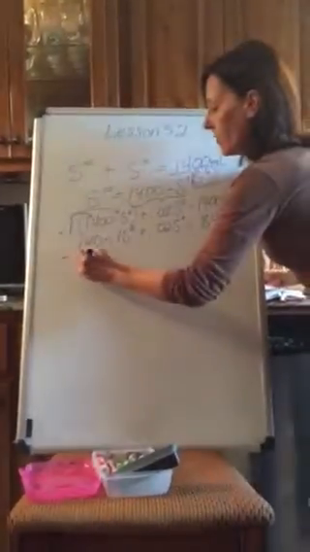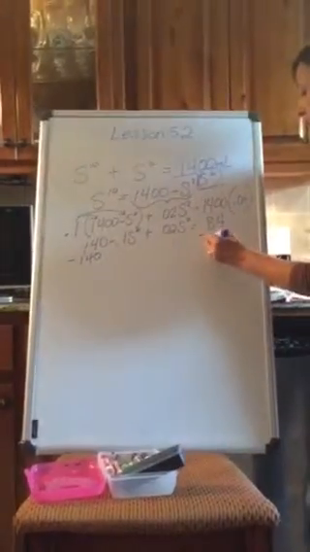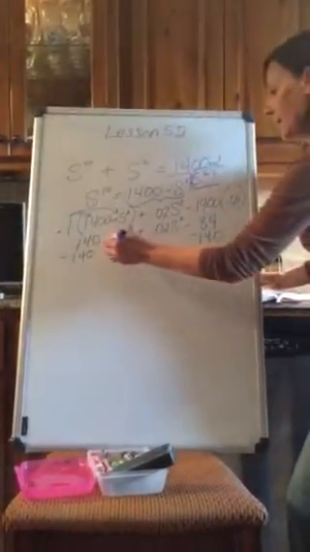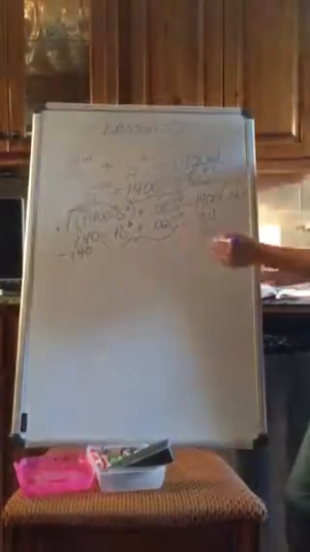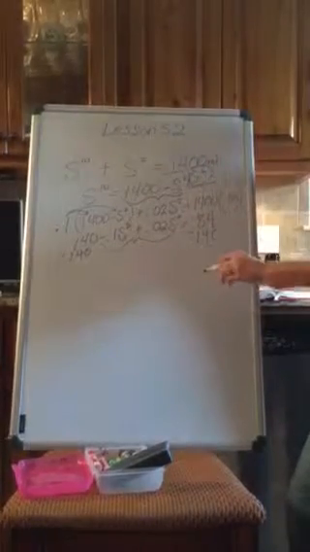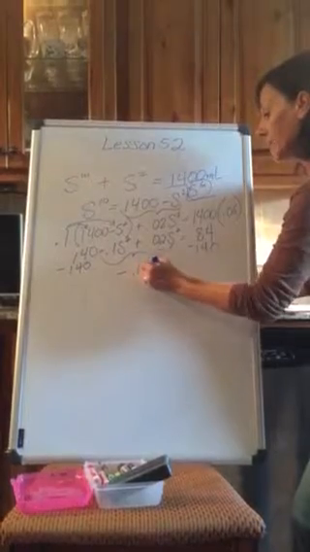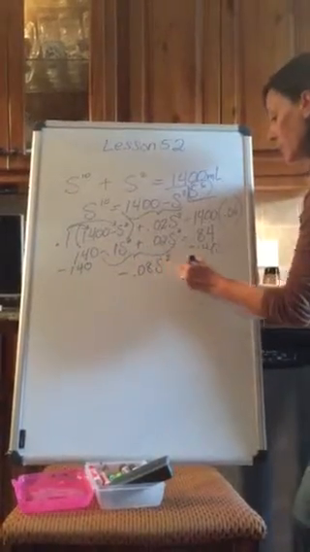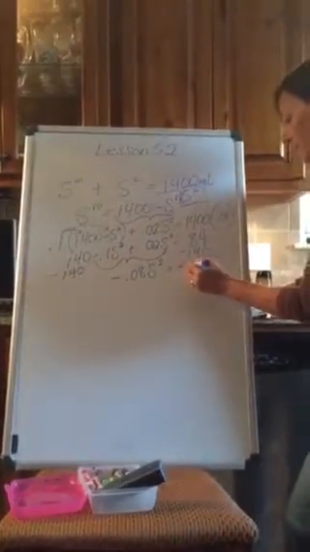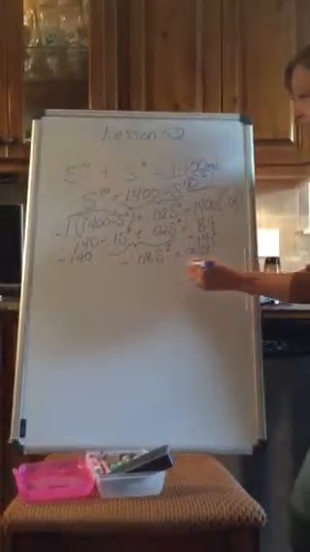Okay, I subtract my 140 on each side, and I can combine my negative 0.1 and my positive 0.02, and I end up with negative 0.08 S2 equals, and this is a negative, 56.